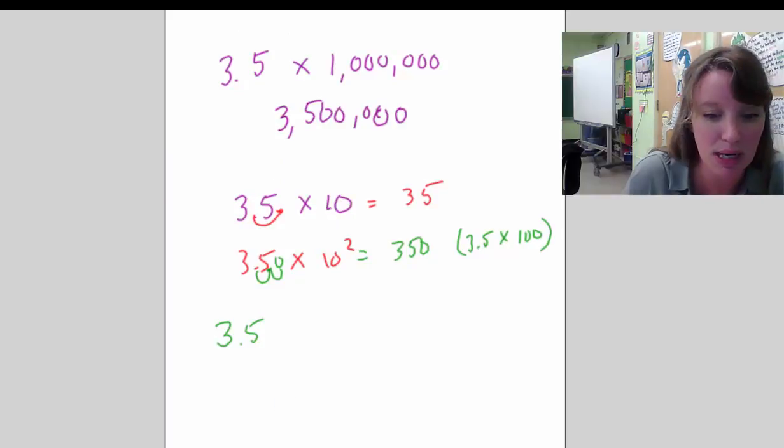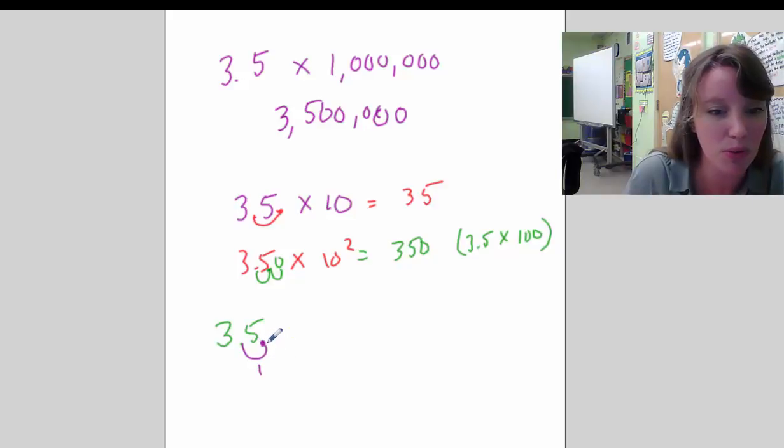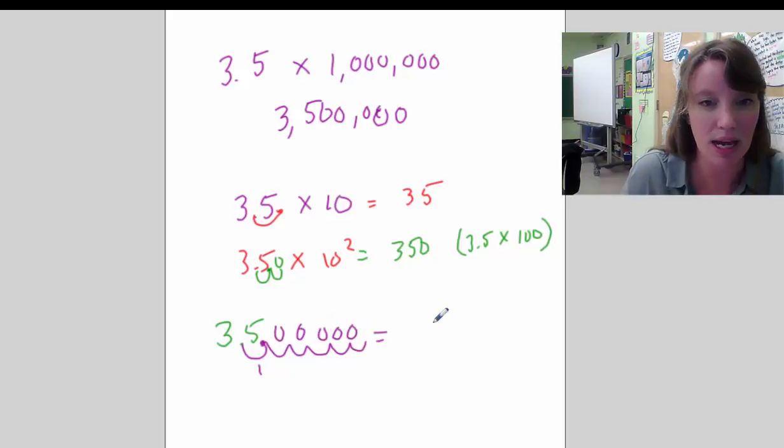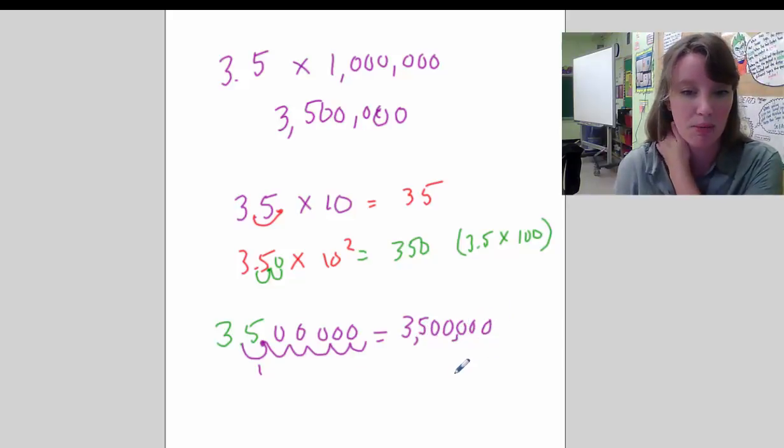Moving it 1 space gets you to 35, and then you have to move it 5 more spaces. So 1, 2, 3, 4, 5. You end up adding 5 zeros here. So this ends up being 35 with 5 zeros. We can go back in and fill in the commas here. Okay, so that's one way of looking at it.